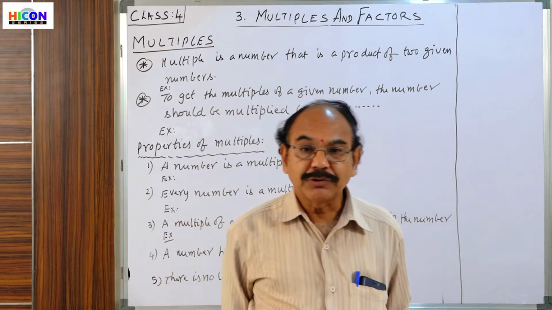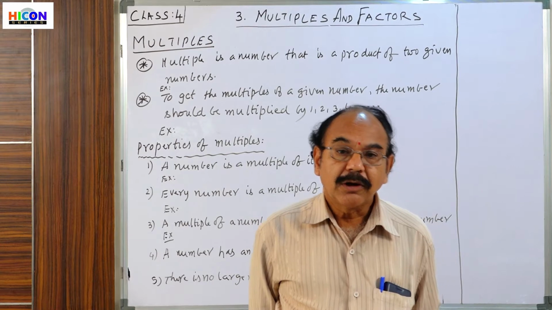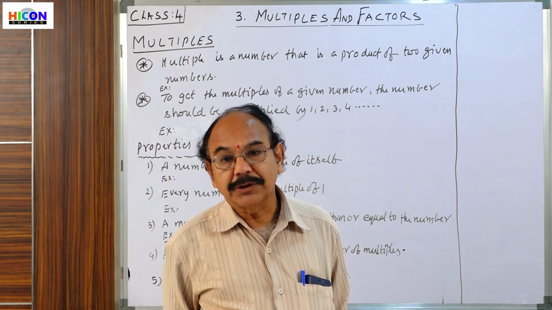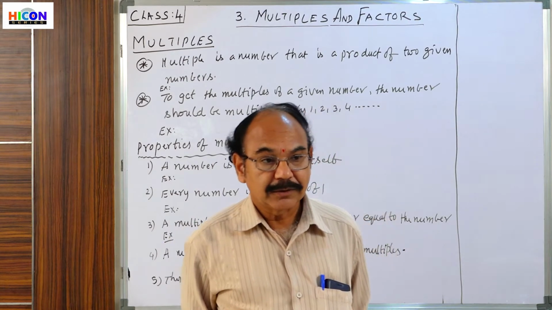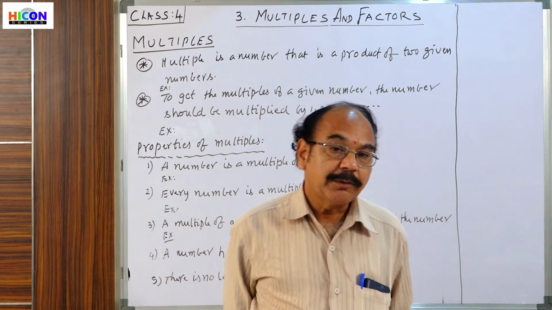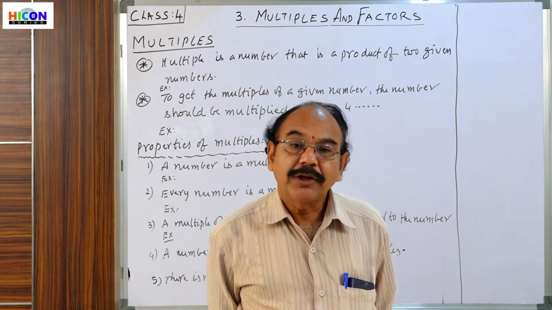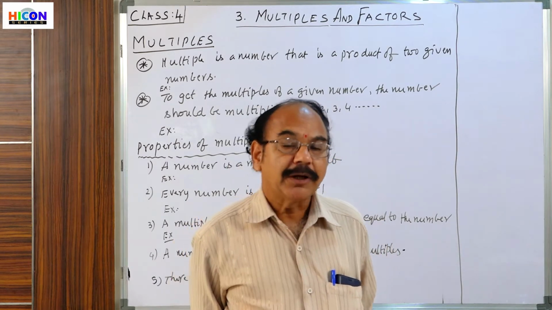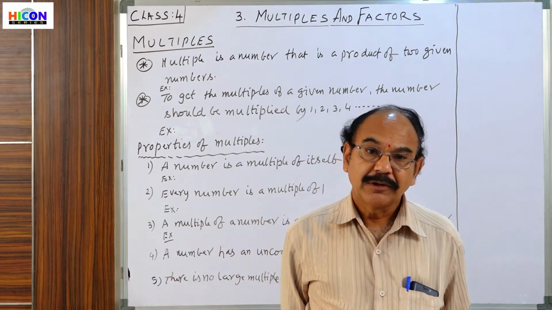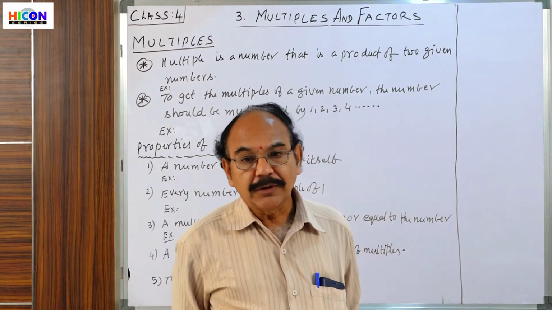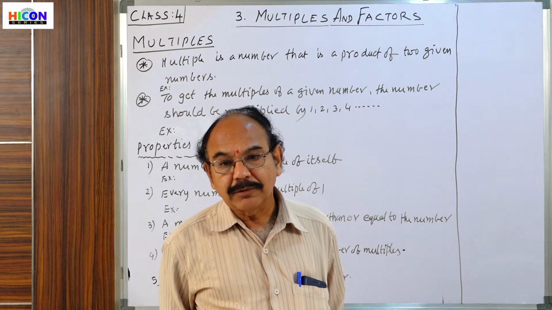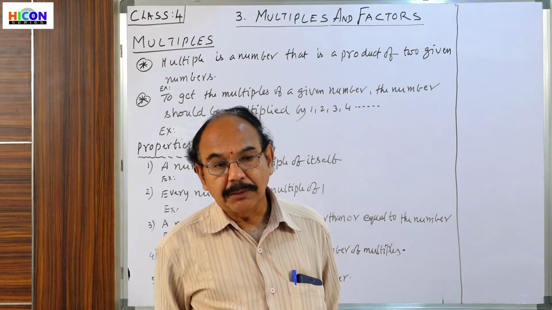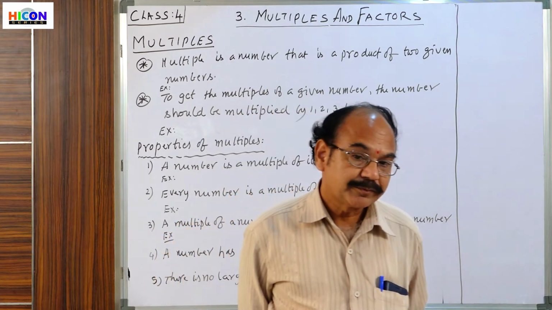The numbers which we got in reading the 6 table are called multiples of 6. If you read the 8 table, you get multiples of 8. If you read the 9 table, what do we get? Multiples of 9. So the numbers we get by reading a particular table are called the multiples of that number.